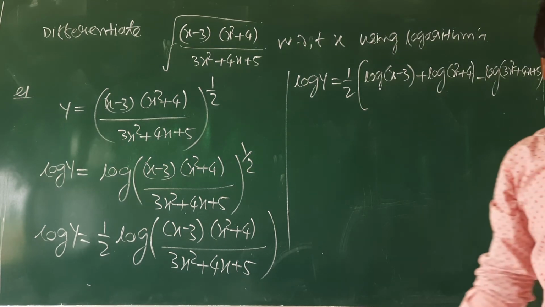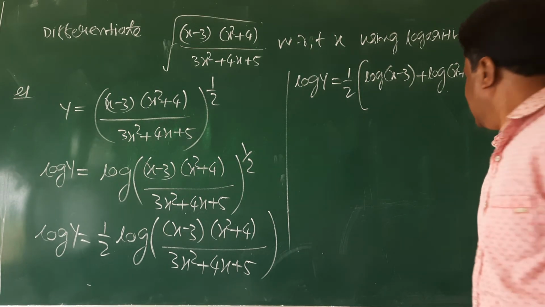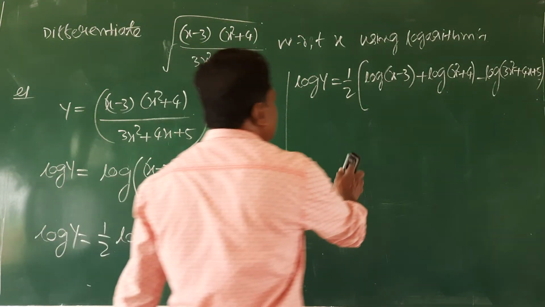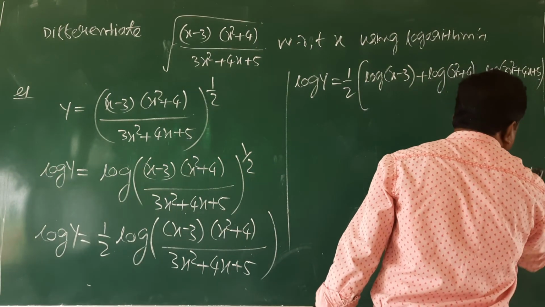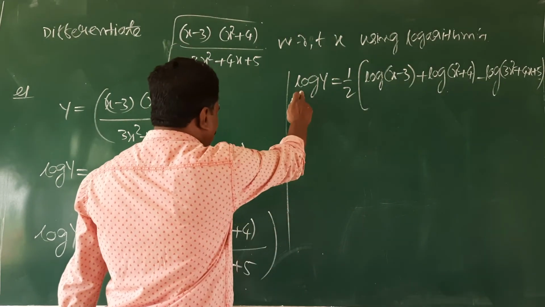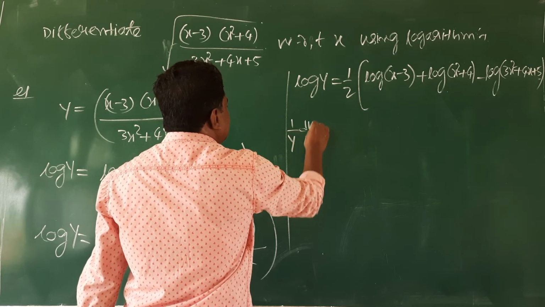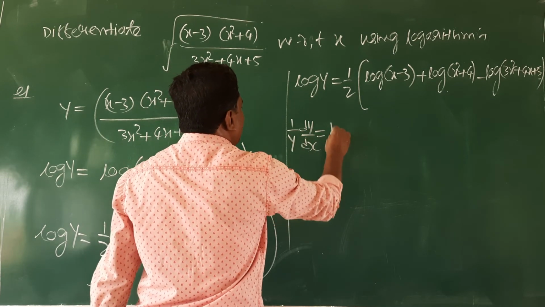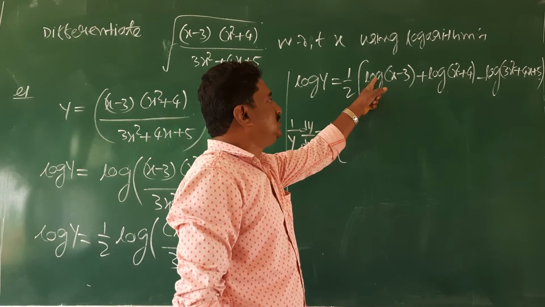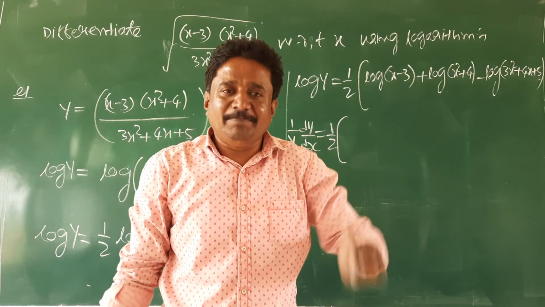Now you think of differentiating, it is so easy, dead easy students. Now I explain how to differentiate this. Differentiation of log y is 1 by y into dy by dx, and then 1 by 2. Differentiate log x, students. How much is differentiation of log x? 1 by x.